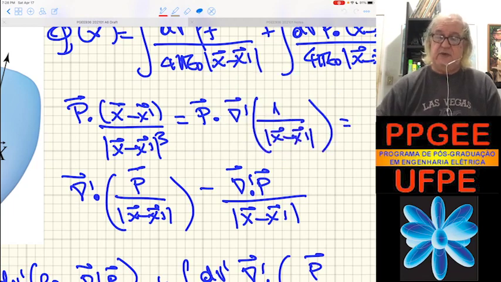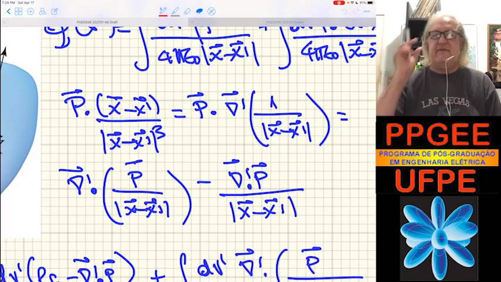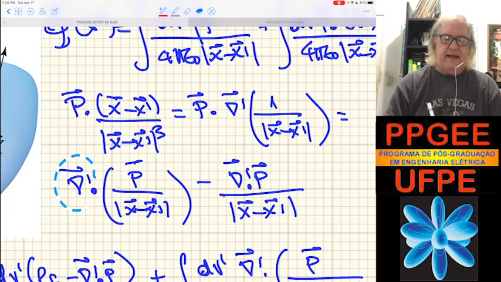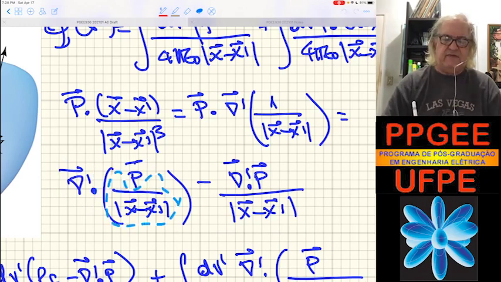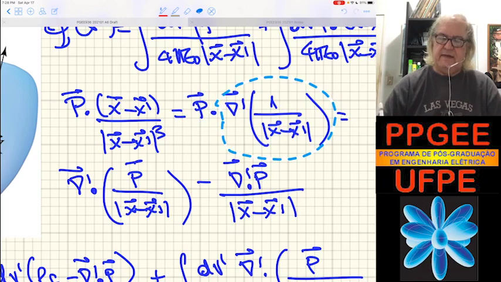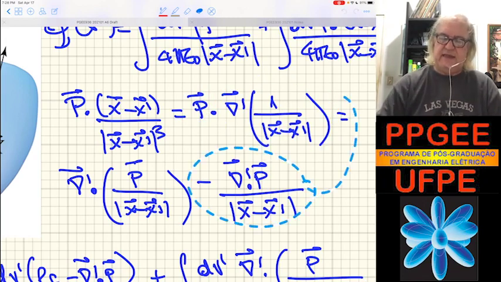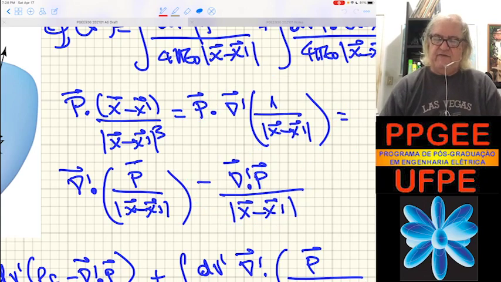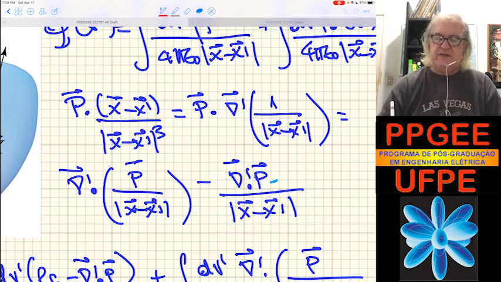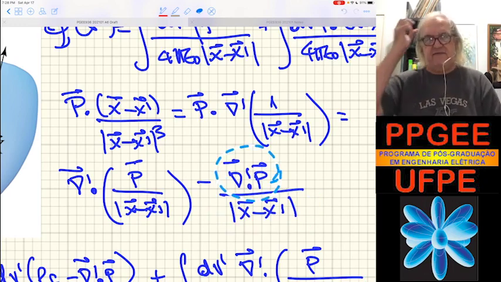Notice by the chain rule, involving a vector and a function, that the nabla of a vector times a function, which is the inverse function here, equals the vector times nabla of the function, which goes to the first term here, plus the function, which is 1 over magnitude of x minus x prime, times divergence of P, which is the vector.